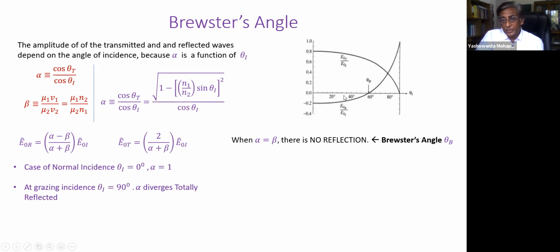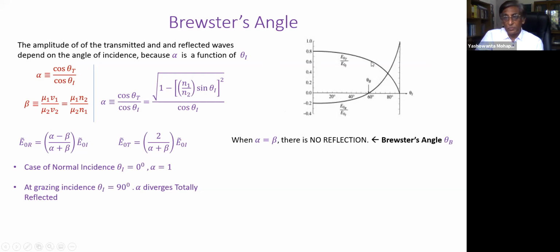And the reflected, right? You can see that this is a complex amplitude, and it is negative below the Brewster angle. Alpha is clearly less than beta, and that's why E_OR, the reflected one, is negative, and it stays negative until alpha is equal to beta. At that point there is no reflection, it's 0.